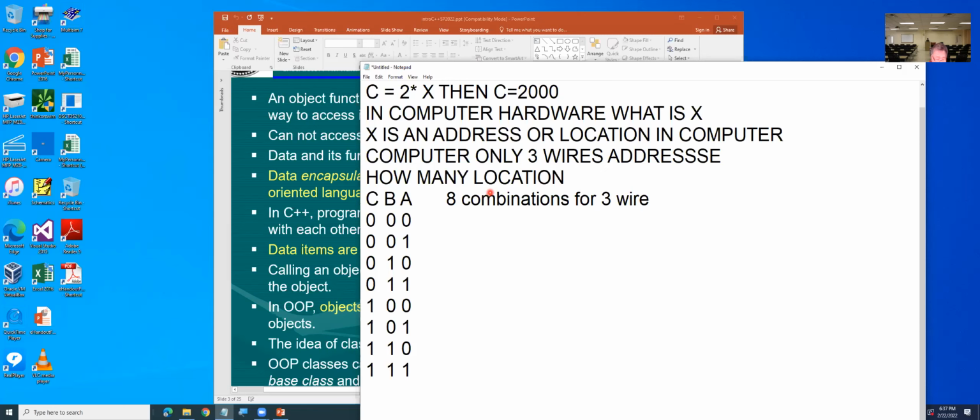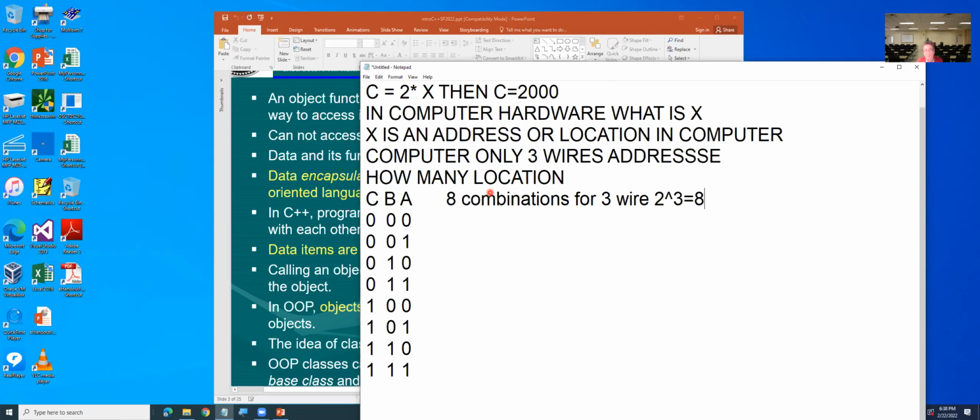So you can use the formula 2 power of 3, that gives you 8. That's just a very simple thing.